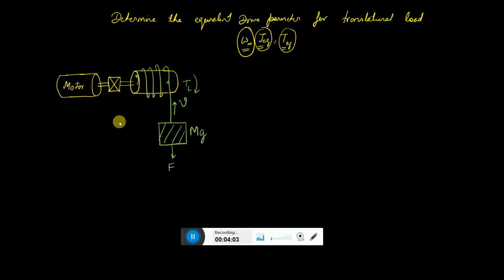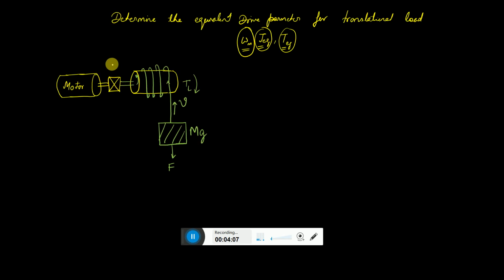So we add the gear here, given as a turn ratio N1 by N2. The rotor speed of the drum is very low, so the number of teeth on the secondary will be high, and this value will be less than 1.